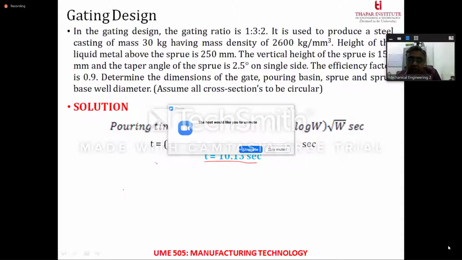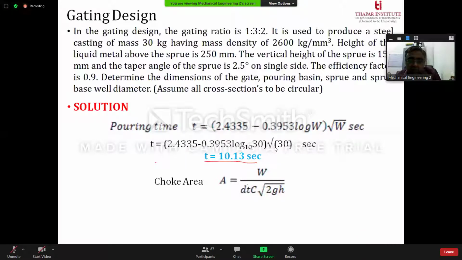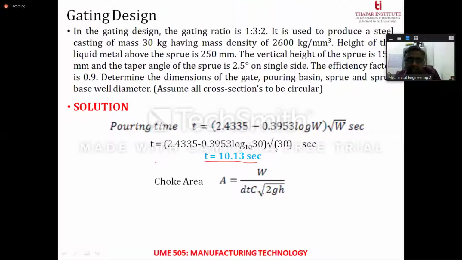So we know the formulation for choke area. The choke area formulation is given as A is equal to W upon DTC under root 2GH. Now W over here is 30 kgs. D is the mass density, that is given as 2600 kg per mm cube. T is the pouring time that you have already obtained.